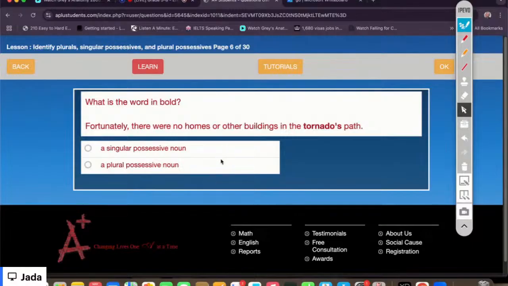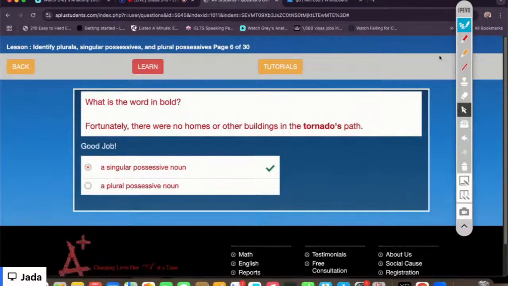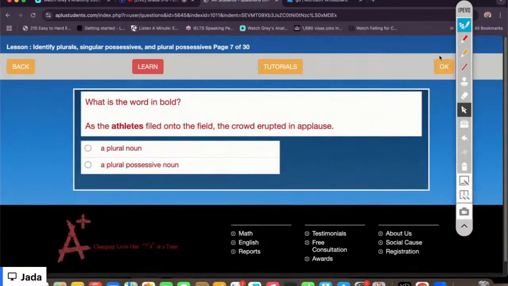All right, so we have what? Tornado. So that's singular possessive.